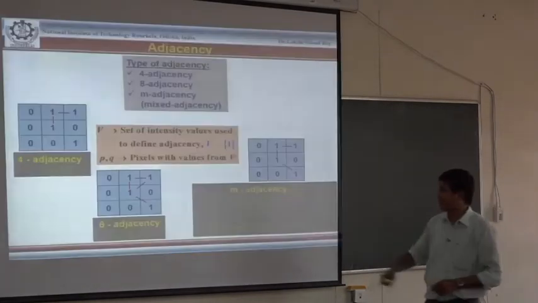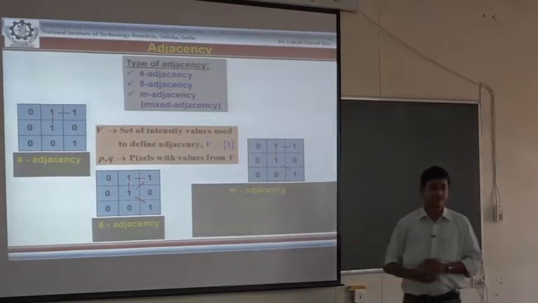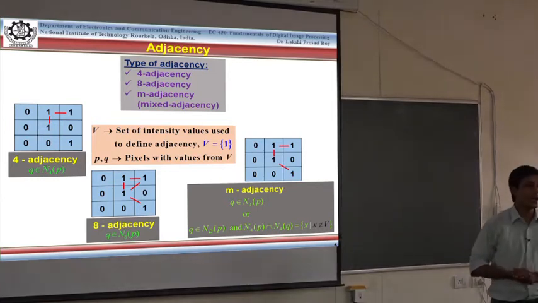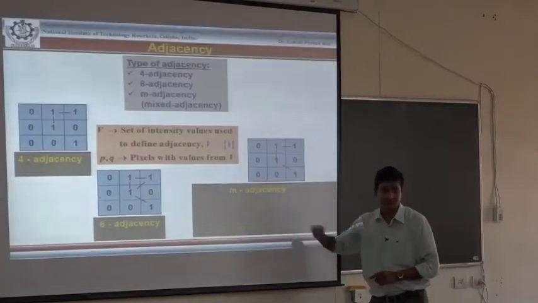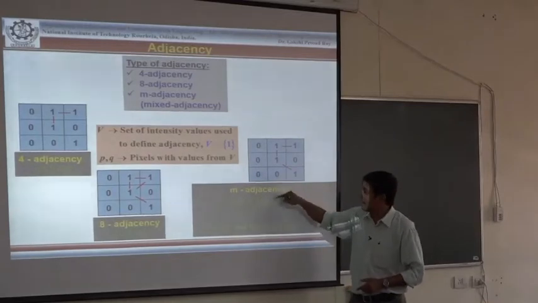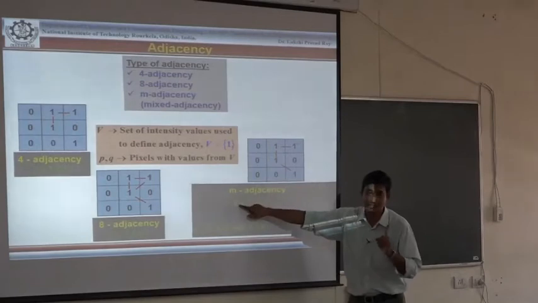So, if I want to define that, please look carefully into this condition. The way you define 4 adjacency and 8 adjacency, now we are going to define M adjacency with a condition like this.